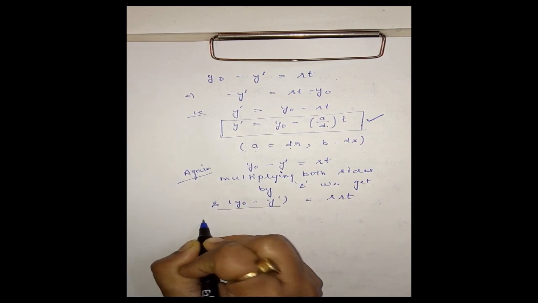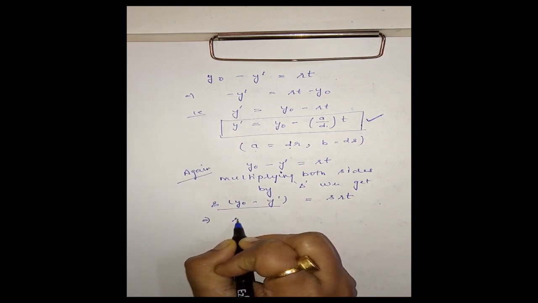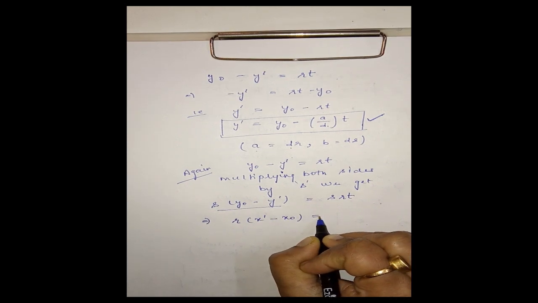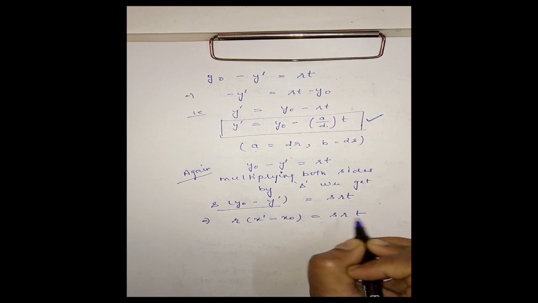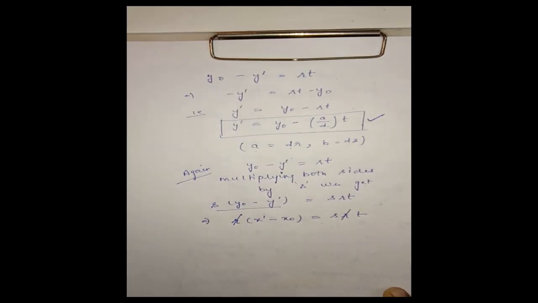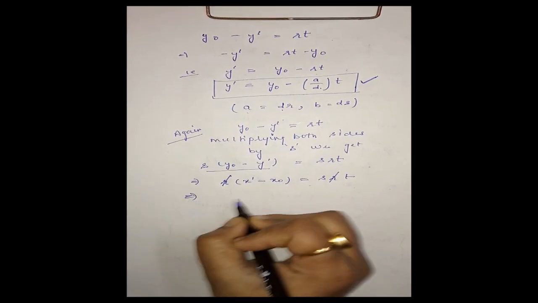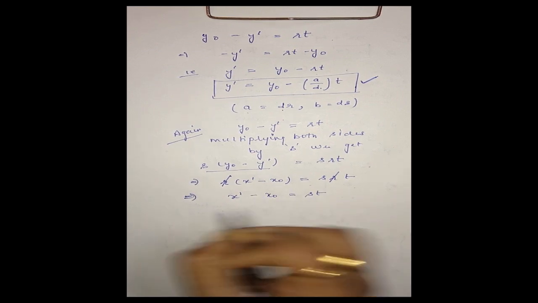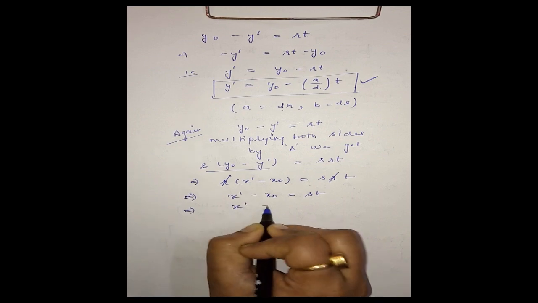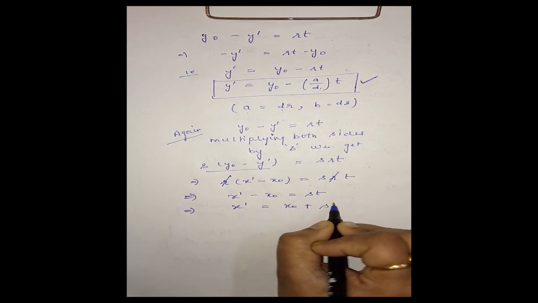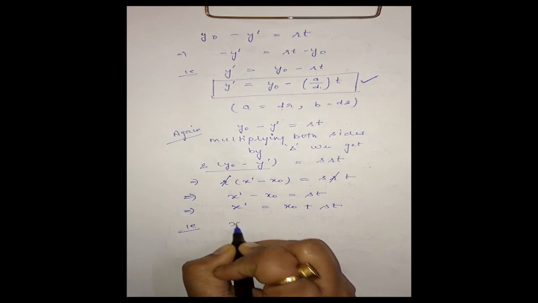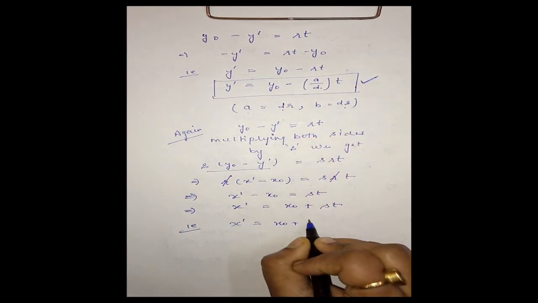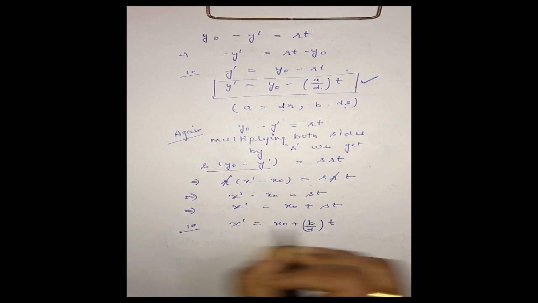Now this is nothing but r into x dash minus x naught is equal to SRT. Now cancelling out r from both sides, this gives us x dash minus x naught is equal to st, and from this we have x dash is equal to x naught plus st, that is x dash is equal to x naught. Now substituting value of s from here, b by d into t.